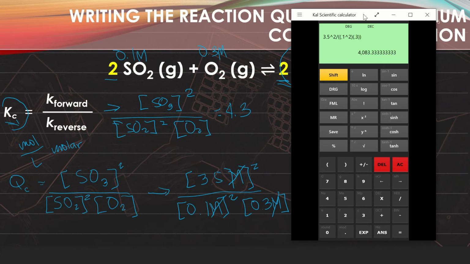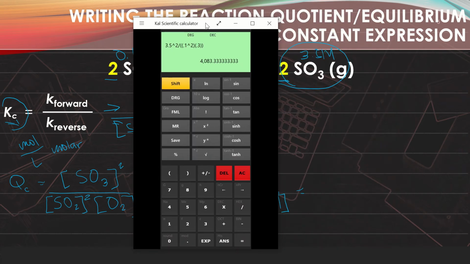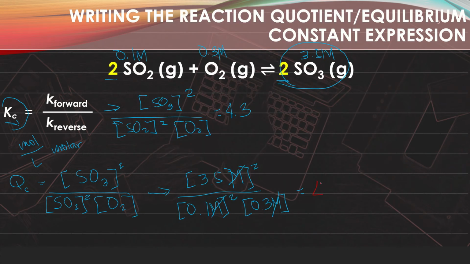So this will be equal to 4083.3. So we can see the difference between our reaction rate constant and our reaction quotient.